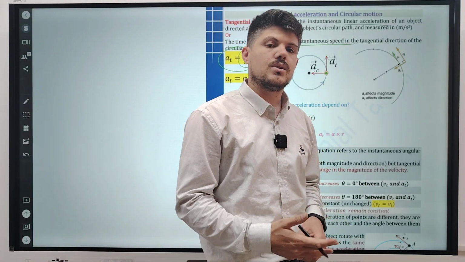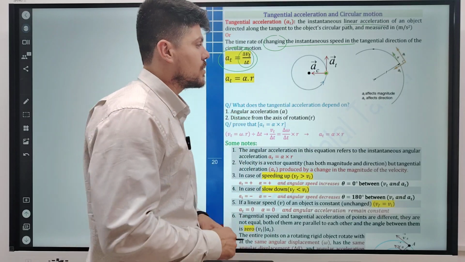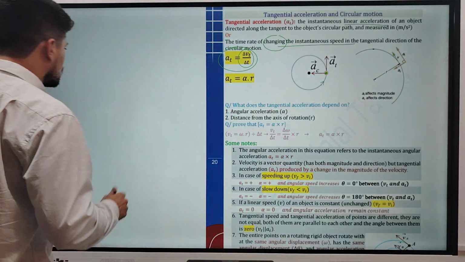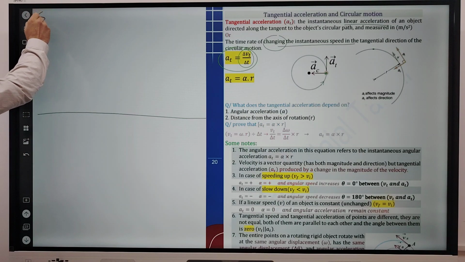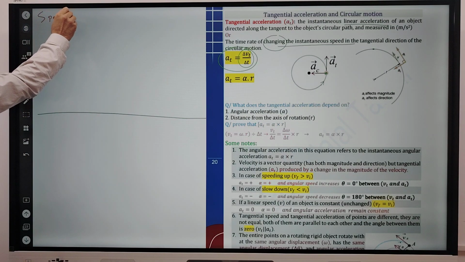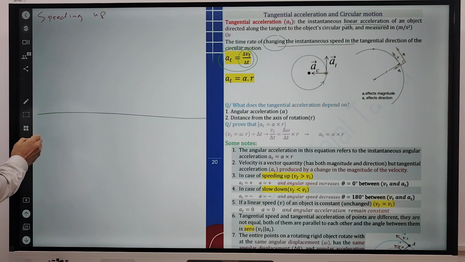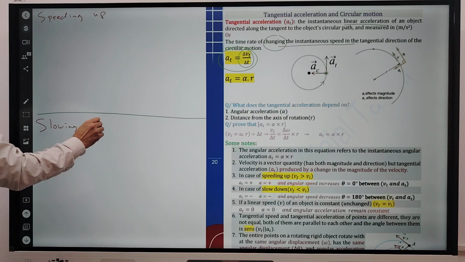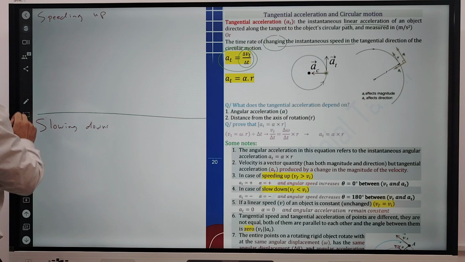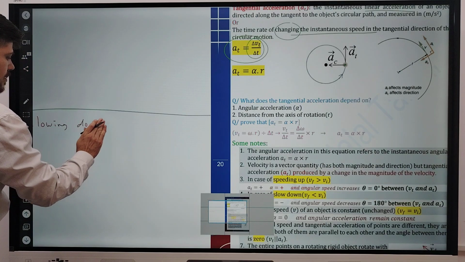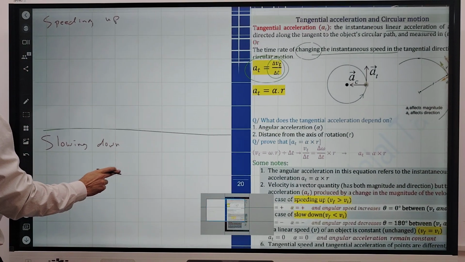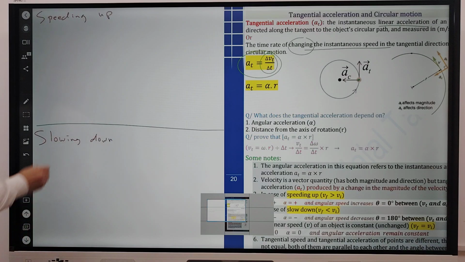It is tangent to the circular path. Okay, so we have two cases: speeding up or slowing down.